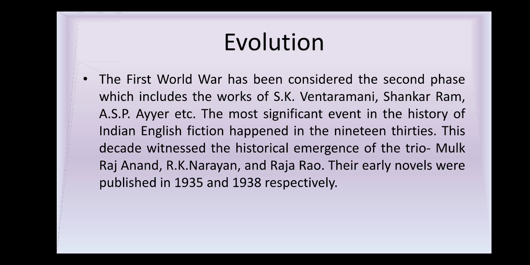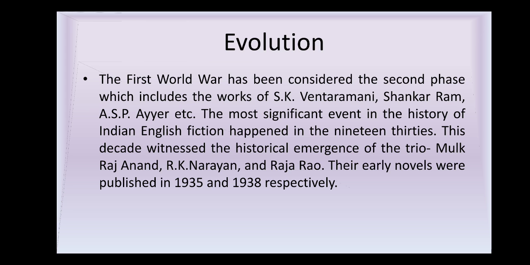And the most significant event in the history of Indian English fiction happened in the 1930s, when we witnessed the historical emergence of the trio of writers Mulk Raj Anand, R.K. Narayan, and Raja Rao, whom we study in our curriculum even now.